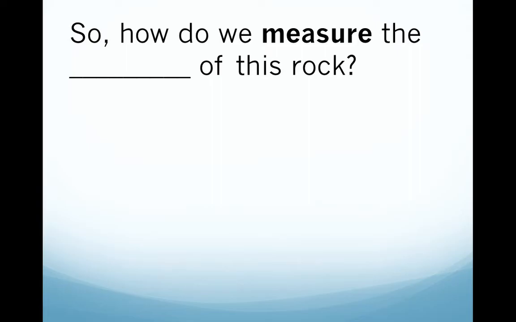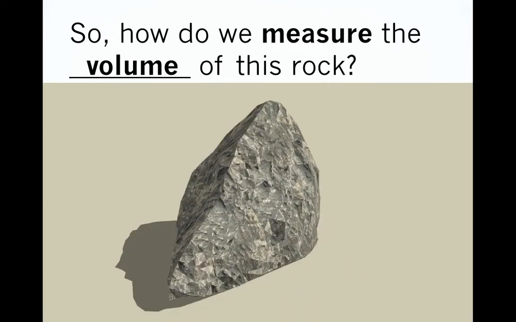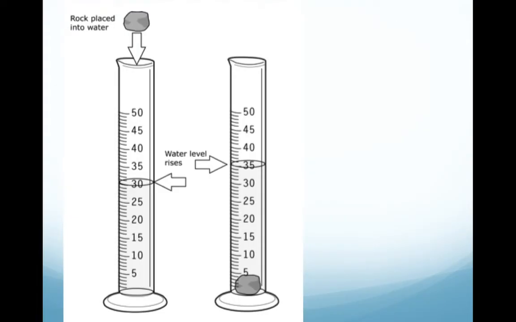So, how do we measure the volume of this rock? This rock also has a volume, but we can't measure in cubic centimeters. So, what we'll do is measure it with a measuring cylinder.